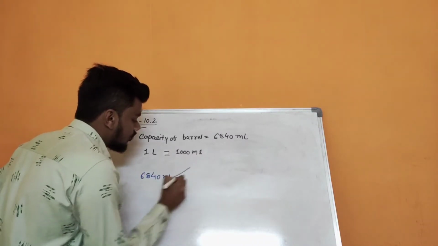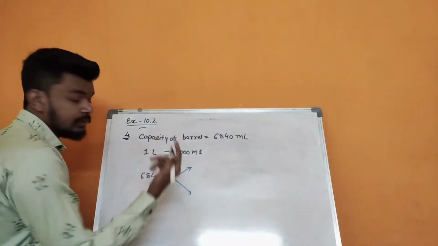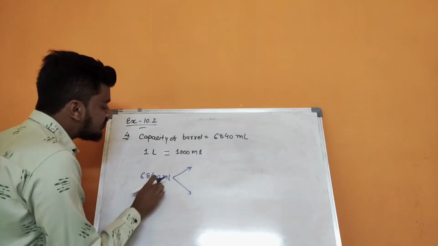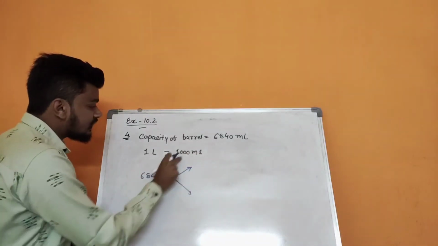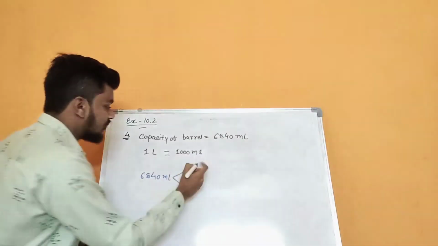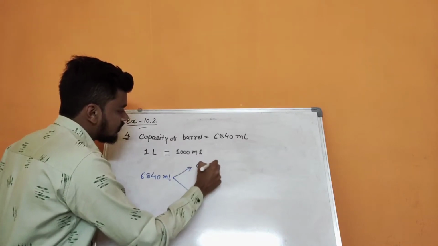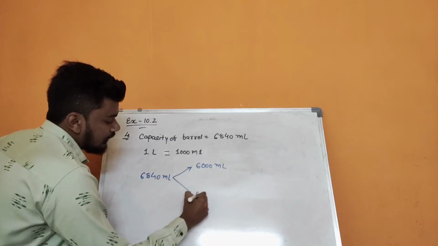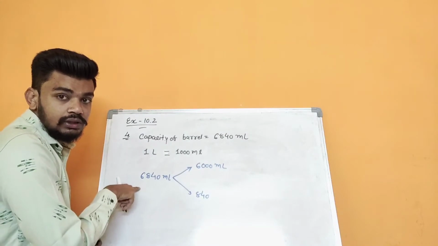So if we expand 6840 ml, I told you how to expand it: the last 3 digits should become zeros so it can be converted easily. So it is 6000 ml, and 840 remains as it is. Now if you add these two, you get the original one.